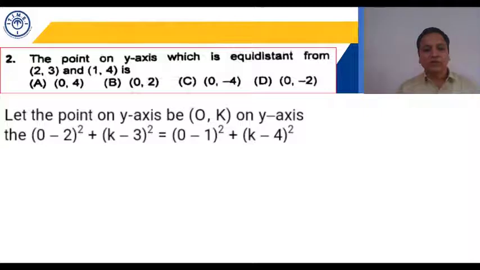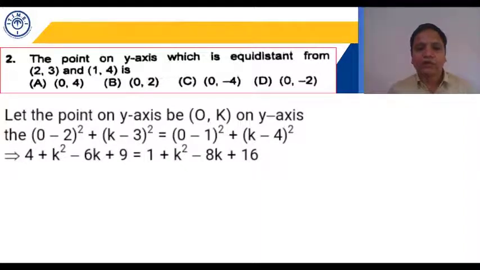Now we are again using (a minus b) whole square when we need to expand (k minus 3) whole square. 0 minus 2 is minus 2, its square is 4. And 0 minus 1 is minus 1, its square is 1. Expanding (k minus 3) whole square using (a minus b) whole square, we get 4 for minus 2 square, and k square plus 9 minus 6k, that is minus 2ab.